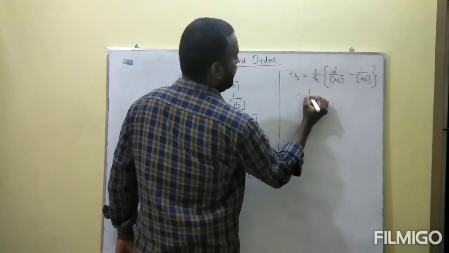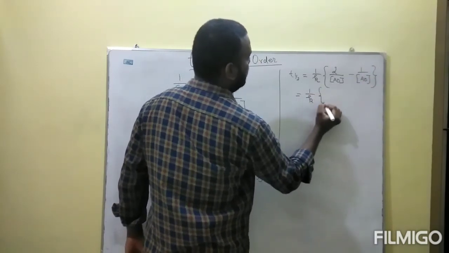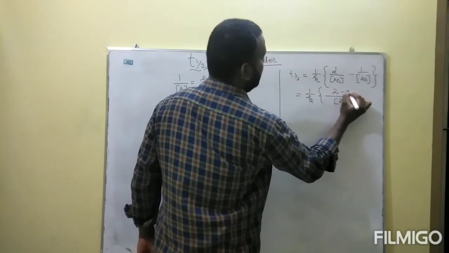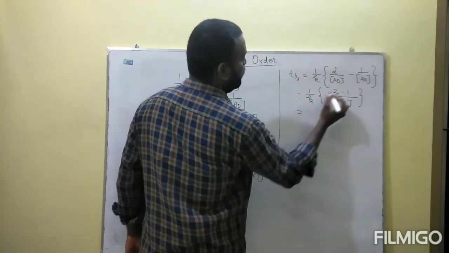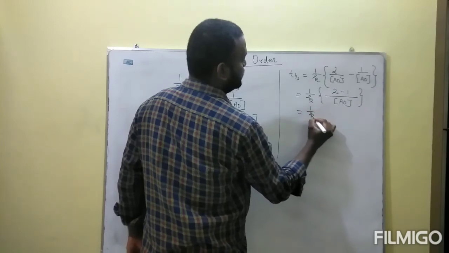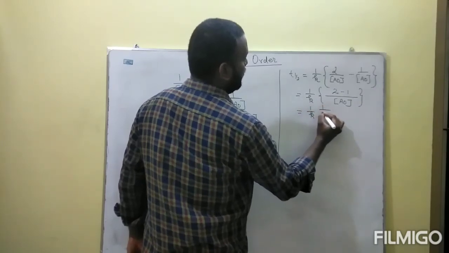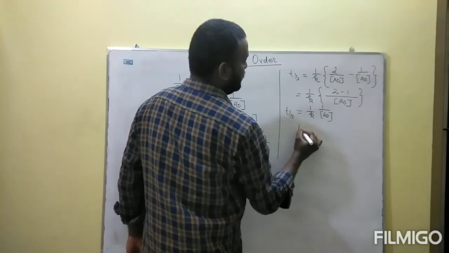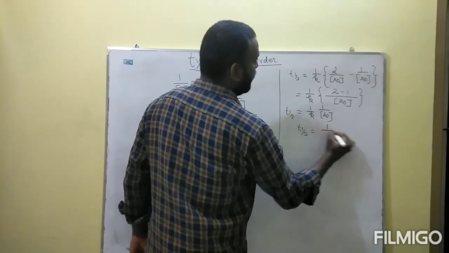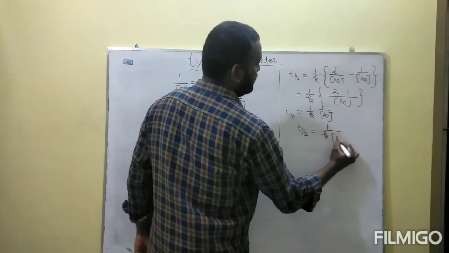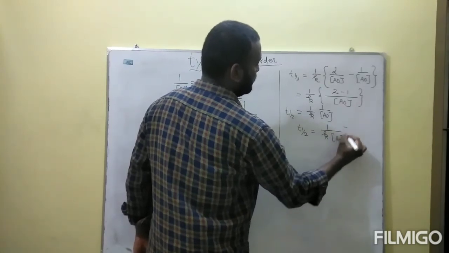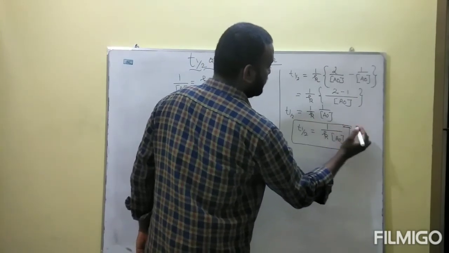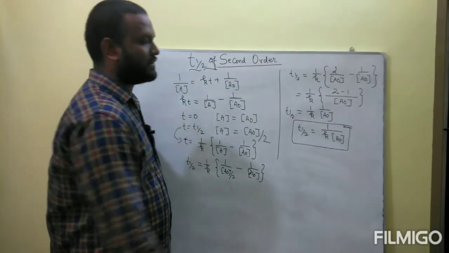A0 is common in the denominator, 2 minus 1, therefore 1 by A0. So T half is equal to 1 by K into A0. This is the relation for your T half and the rate constant.